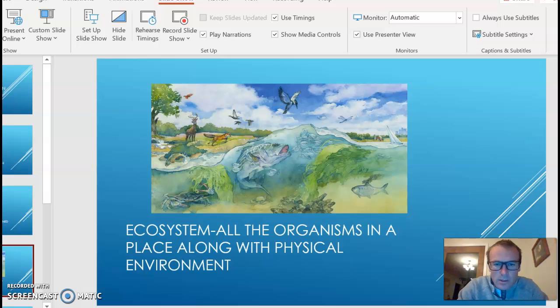So an ecosystem is going to be this physical place. So south of Helena, we have kind of a hilly environment. There are some pretty dry drainages or draws that sometimes have a little bit of water in the bottom. Sometimes they're dry. So we call that an ephemeral stream.